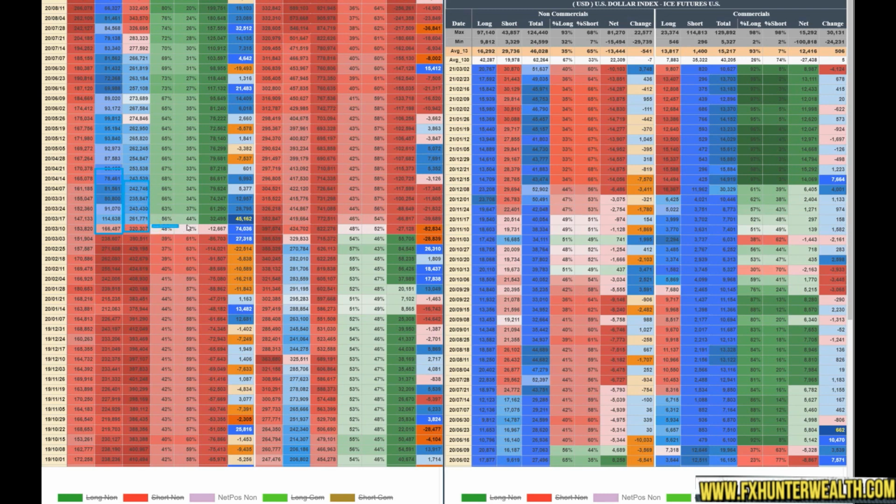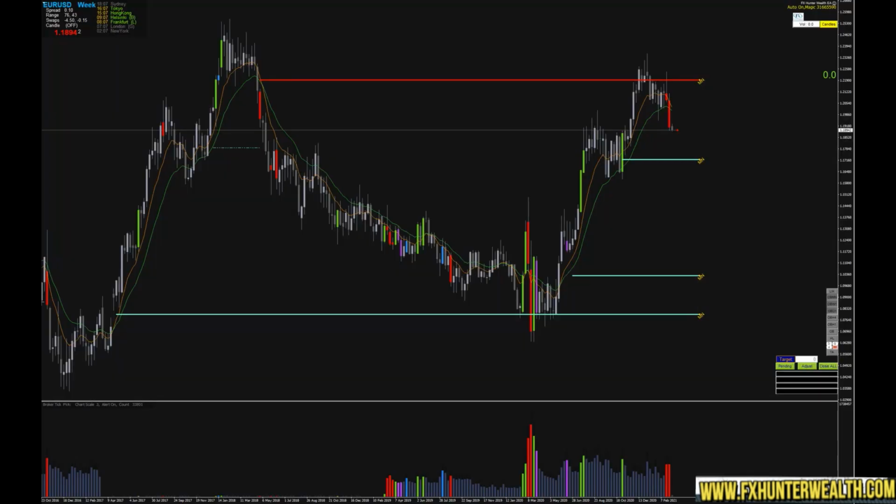So here the exposure has changed, and the big sign of the reversal is that we went from minus 114k to minus 12 and then plus 32, right? So this is an obvious reversal. It is very clear to see that there will be some reversal.